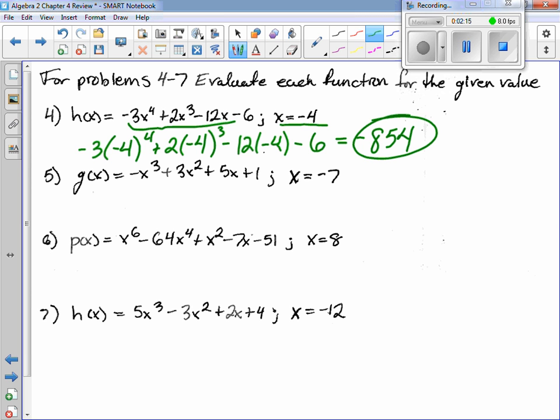So we're just plugging each one of those values in. Any questions on this here? We can do it with negative 7, 8, negative 12. And all we're wanting to do is just type in, replace x with whatever the value it's stated to be.